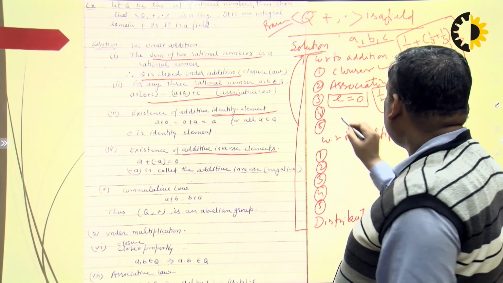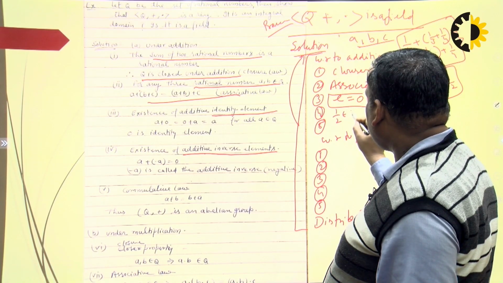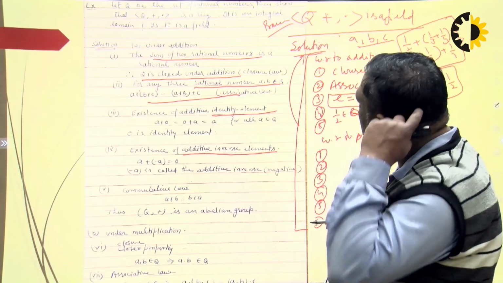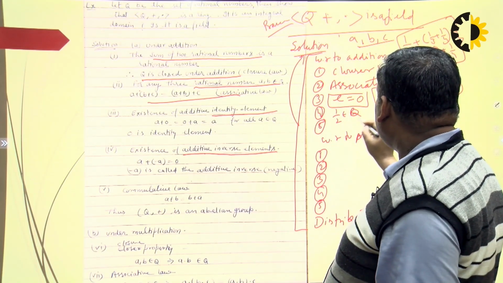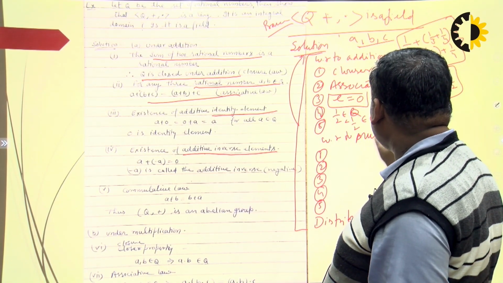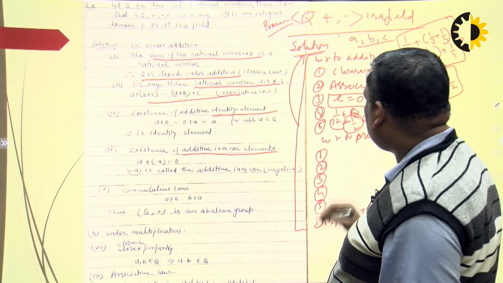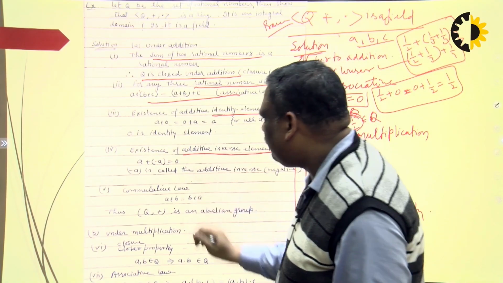That means if we have 1/2, which is an element of Q, the rational numbers, then -1/2 is the inverse of 1/2. So the inverse property holds.